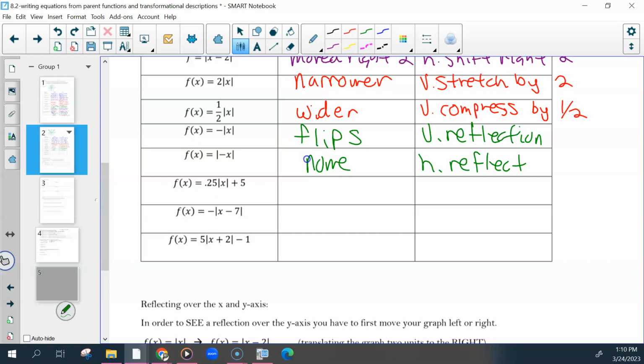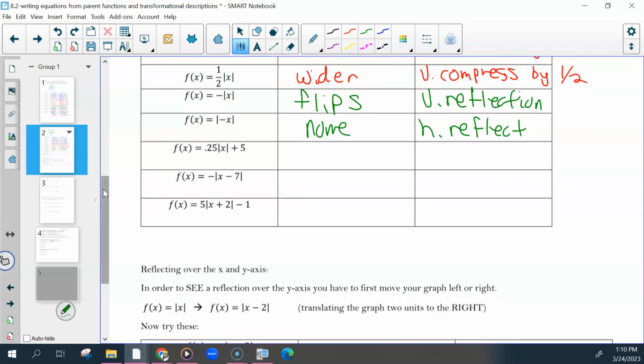Graph or look at your previous notes. Did it move down? Moved up? What would the other one be? The 0.25, what would that do? Wider, not narrower. Because the 0.25 would be like if we had a 1/4 out there.